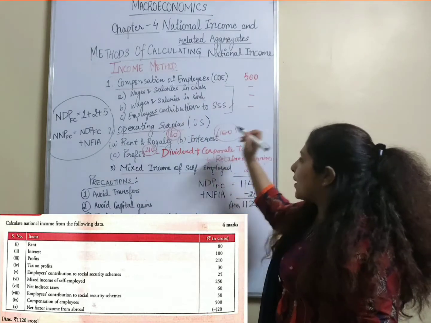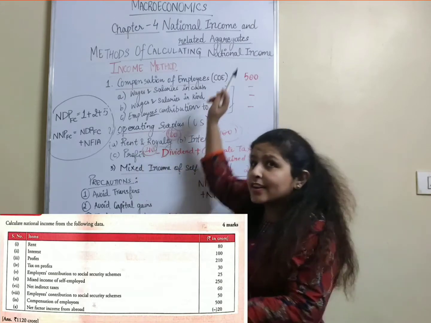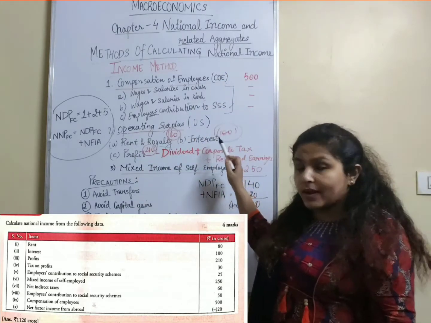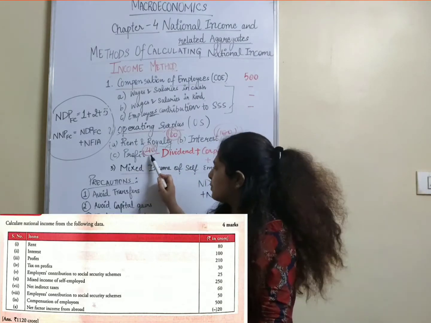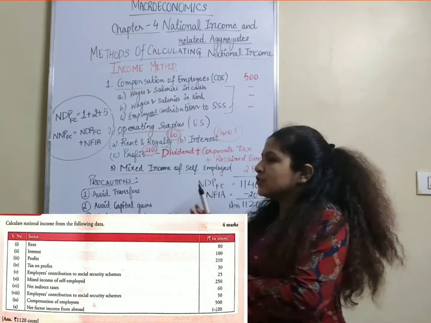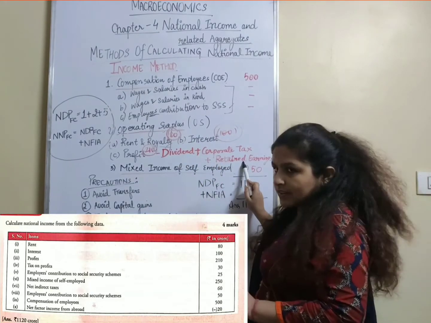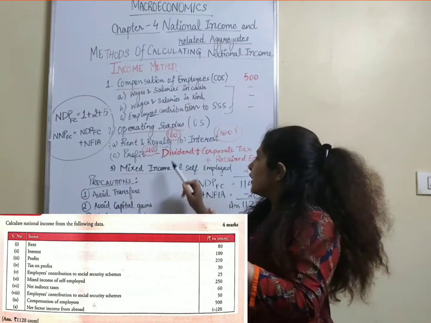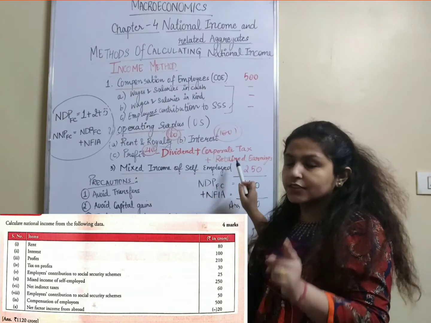Then after that, operating surplus is not given, but the subparts is given. Rent is given in the question as 80. Interest is given in the question as 100. Profit directly is given to be 210. That means there is no need to search for dividend, corporate tax and retained earnings. But mind it, if the profit is not given directly, you need to search for dividend, corporate tax and retained earnings also.